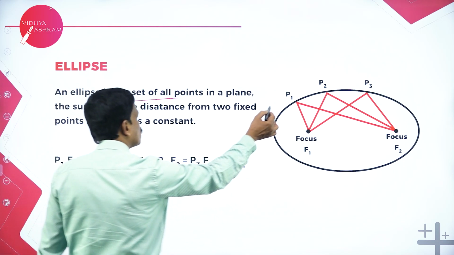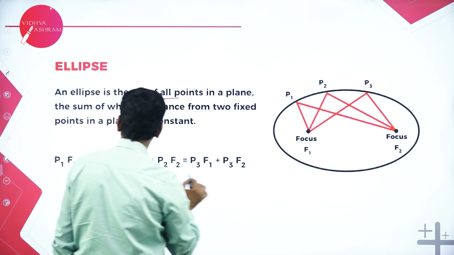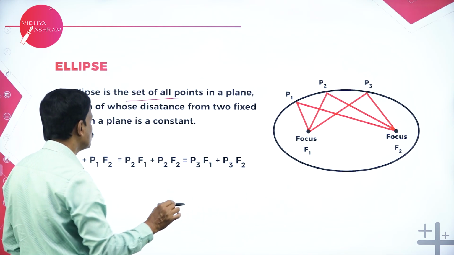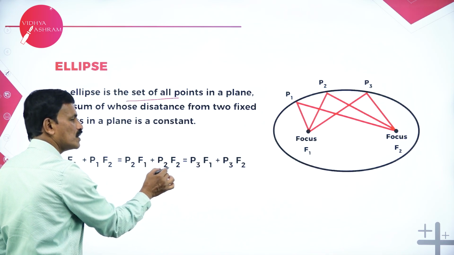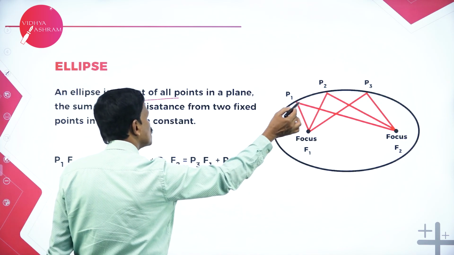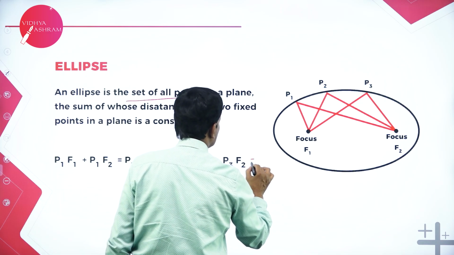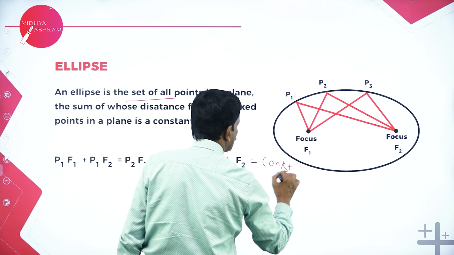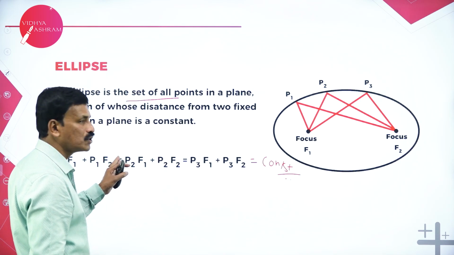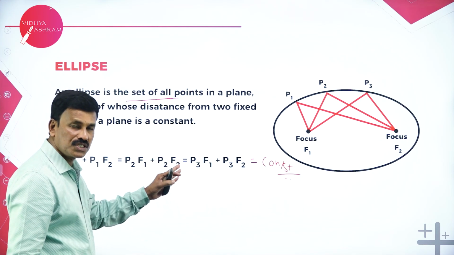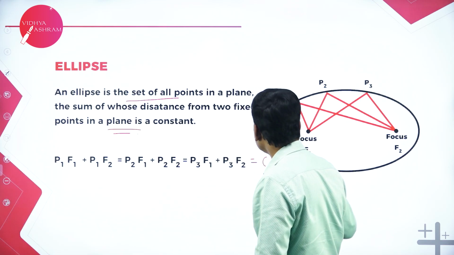That is the distance P1 F1 plus P1 F2 is also equal to P2 F1 plus P2 F2, that's also equal to P3 F1 plus P3 F2. These are found to be a constant, right? So P1 F1 plus P1 F2 is equal to P2 F1 plus P2 F2, which is also equal to P3 F1 plus P3 F2, equal to a constant. Then it is called the ellipse.